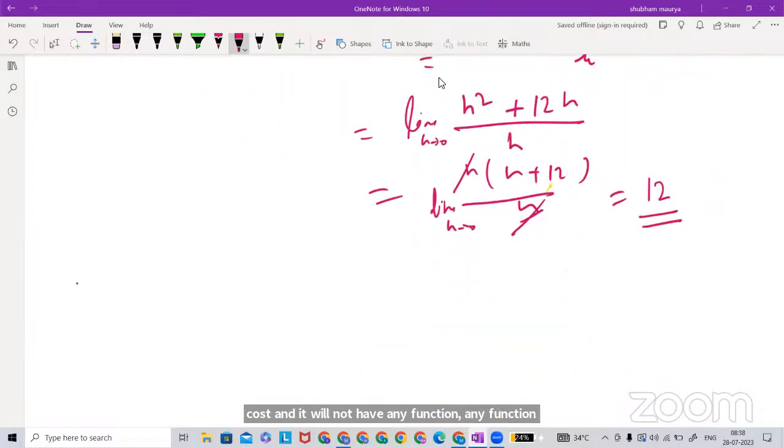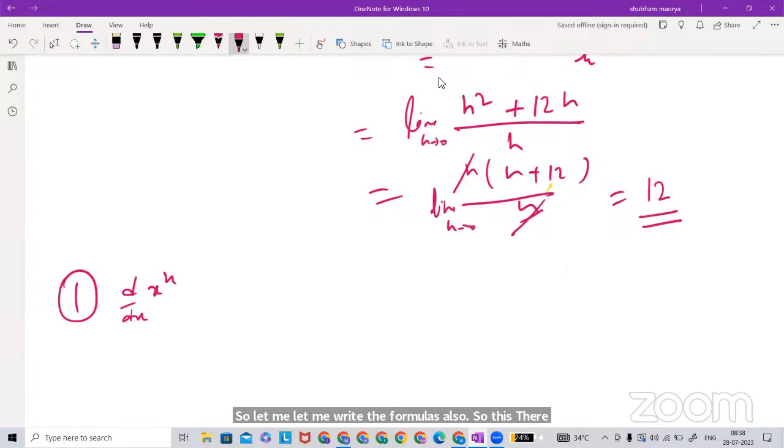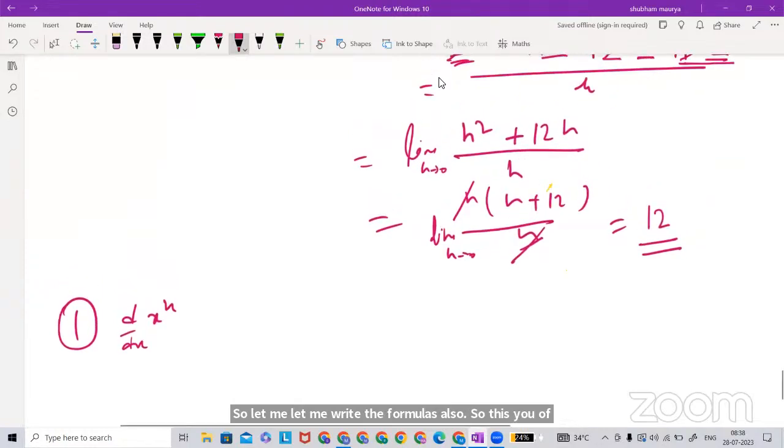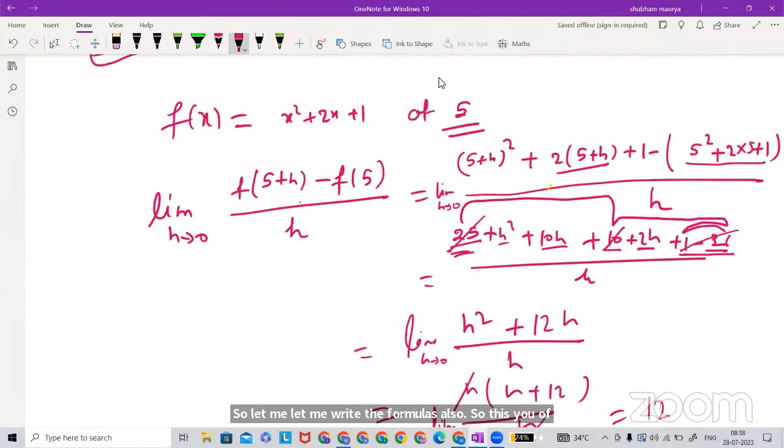So let me write the formulas also. The derivative of this function is denoted by d by dx of f(x). This is actually the definition.